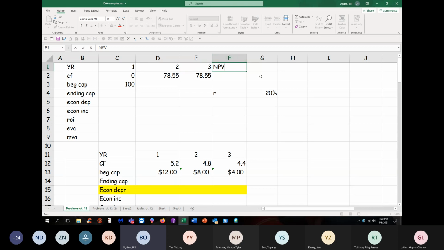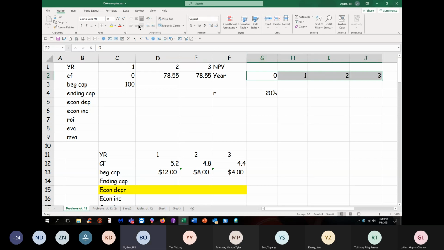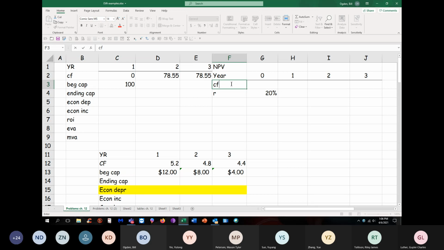I would start with a year: year 0, 1, 2, and 3. The cash flows would be minus 100, and then the 3 given in the EVA format.